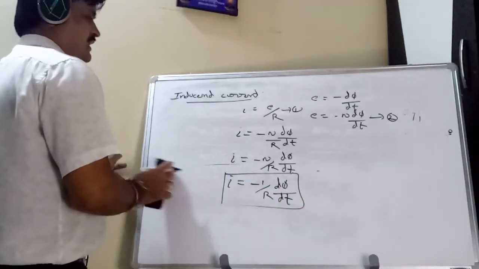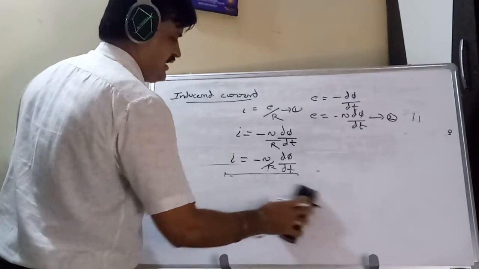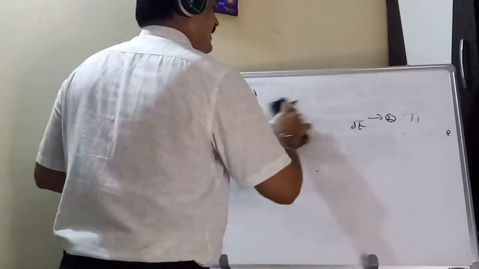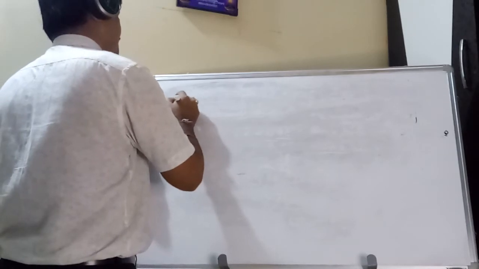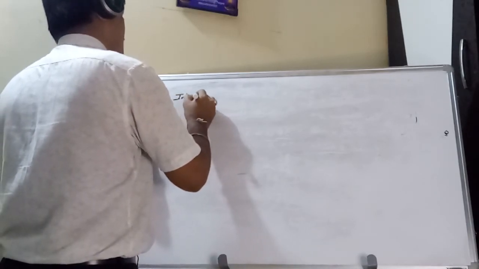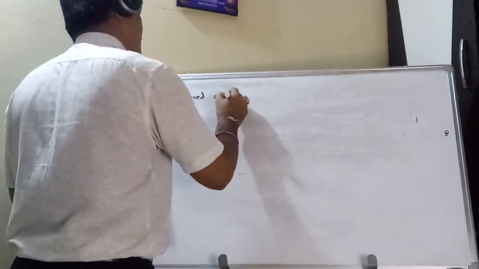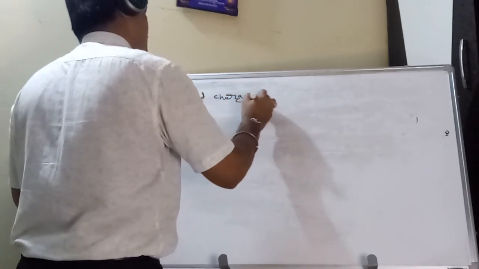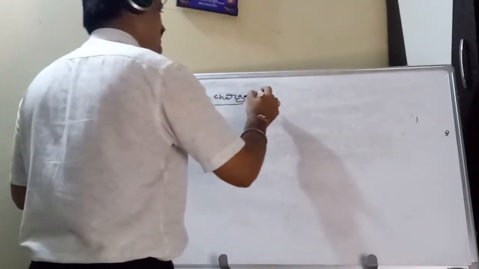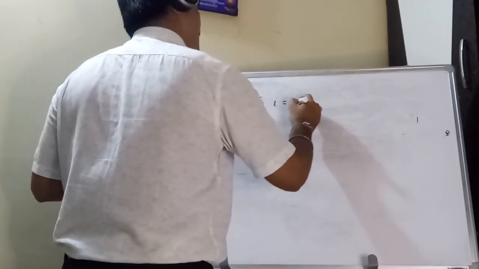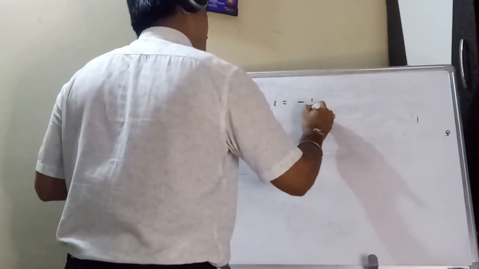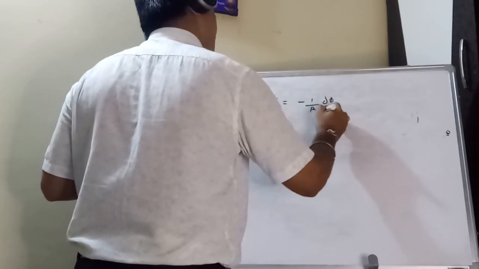Next, induced charge. Here I is equal to minus 1 by R into d phi by dt.